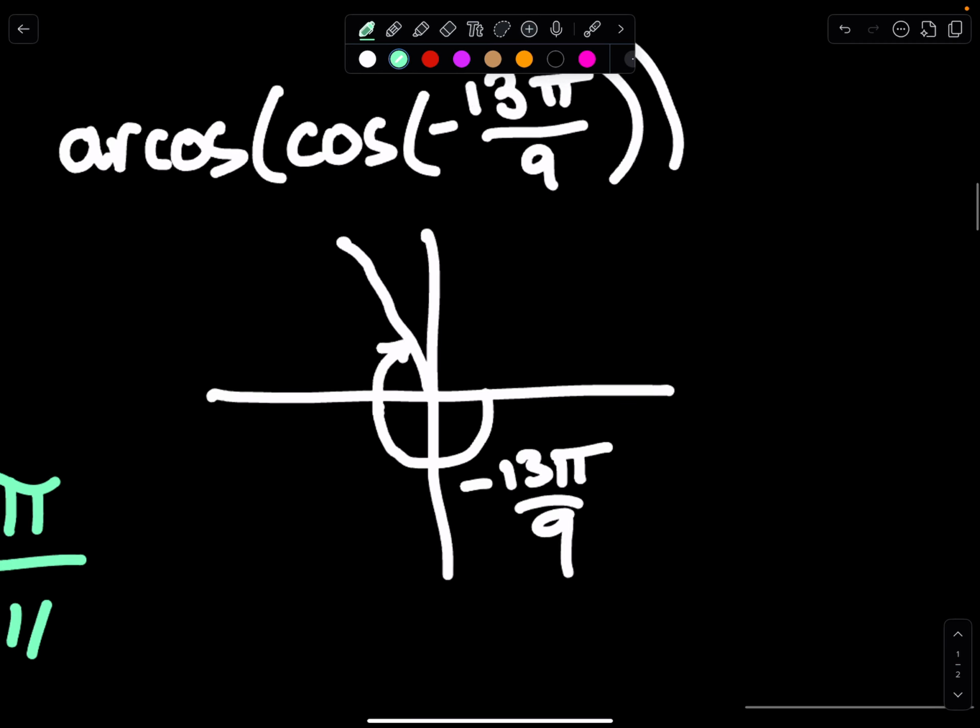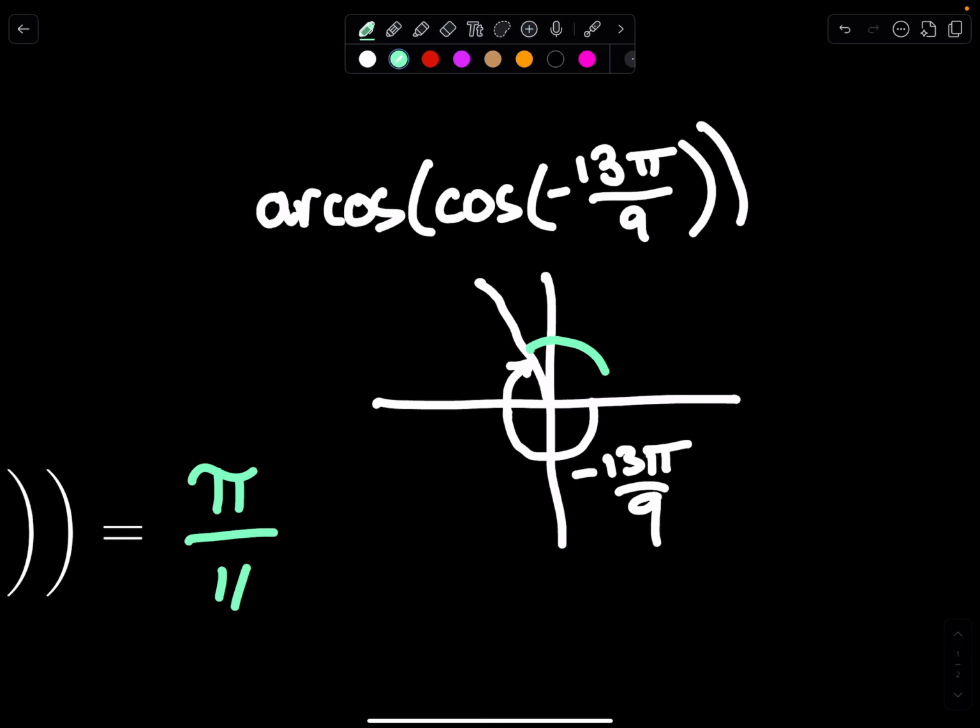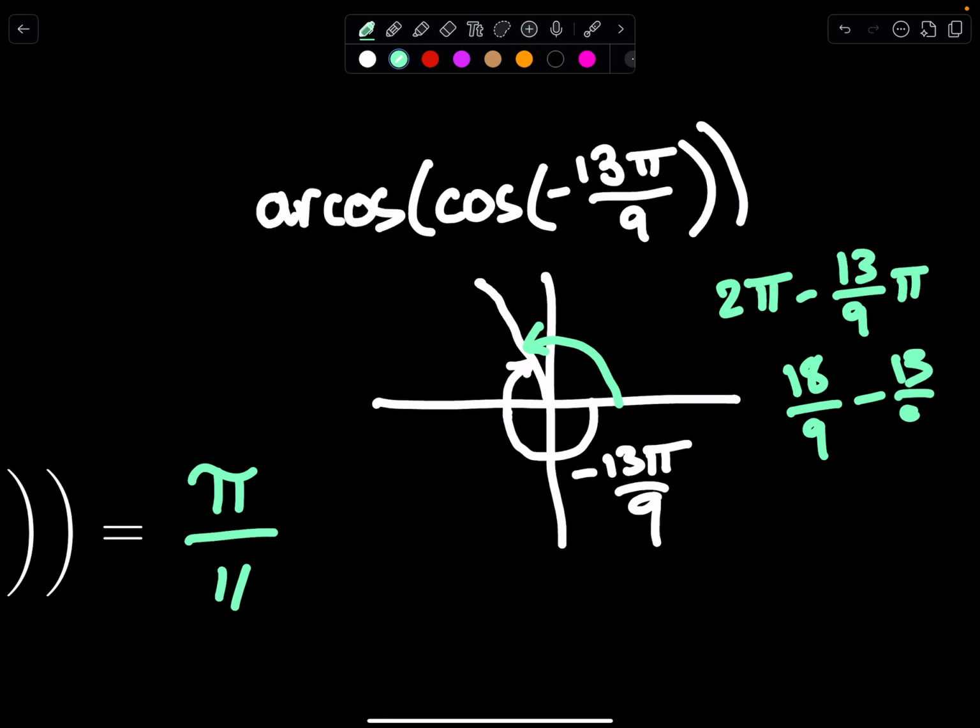So to get this, we'll do 2 pi minus 13/9 pi. So 2 pi is the same as 18/9 pi. Oops, I'm off the page. And that'll be 5 pi over 9.